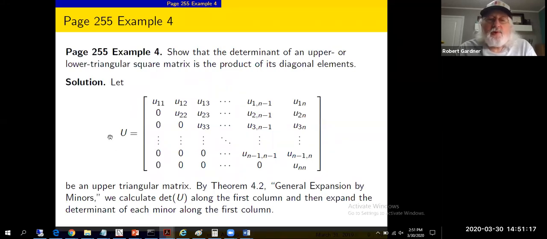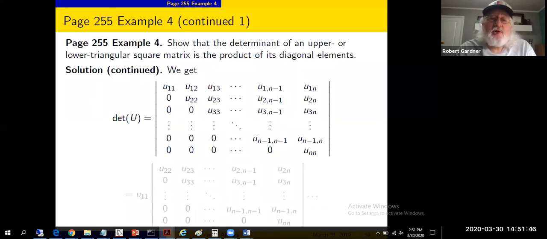In so doing, we'll have U11 times -1 to the 1 plus 1, positive, starts out with a positive, determinant of the associated minor matrix. We would get by eliminating row 1 and column 1. All right, so we'll produce a minor matrix that consists of these things, and lo and behold, the minor matrix is also upper triangular.